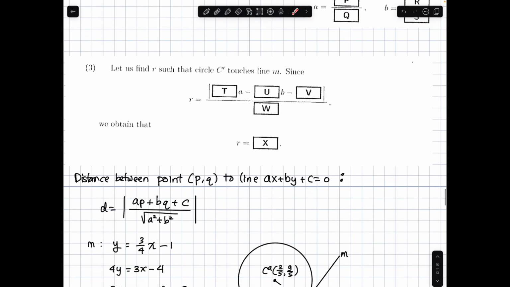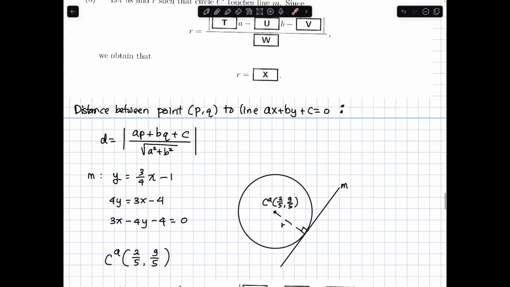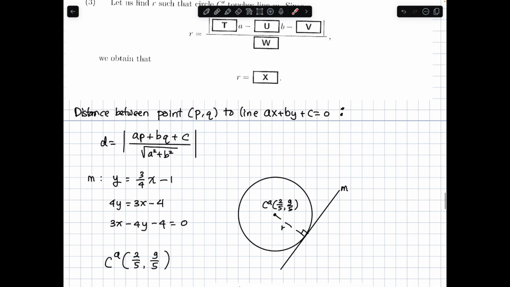Next, the last part. Let us find R. R is the radius of CA. We already know the center of CA, and the circle CA touches the line M. For this question, I try to illustrate.